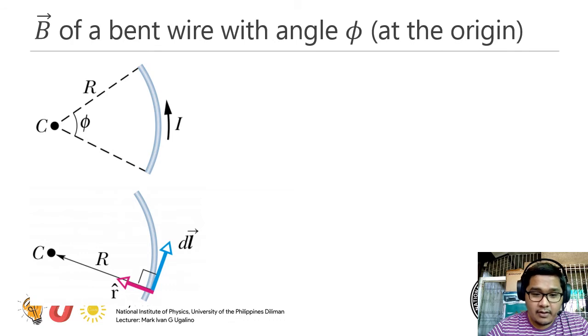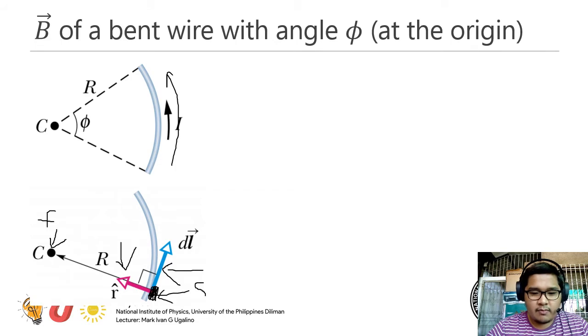For example, for a current carrying element somewhere here, if the current is flowing in this direction as shown, DL is this vector, while R hat is the unit vector pointing from the source point down to the field point. So this is your field point, and this is your source point.